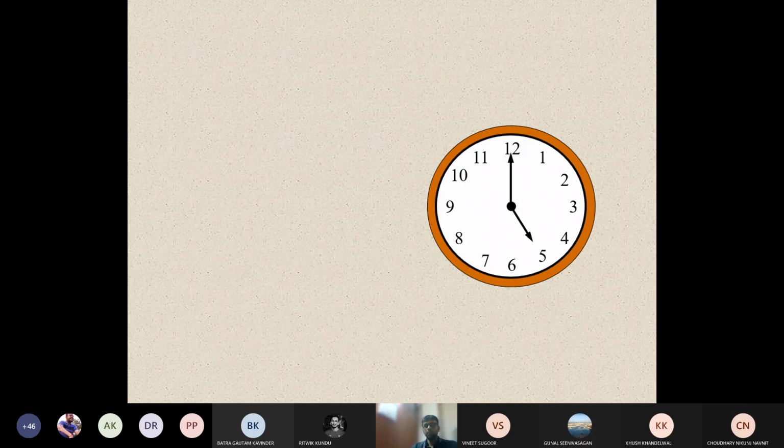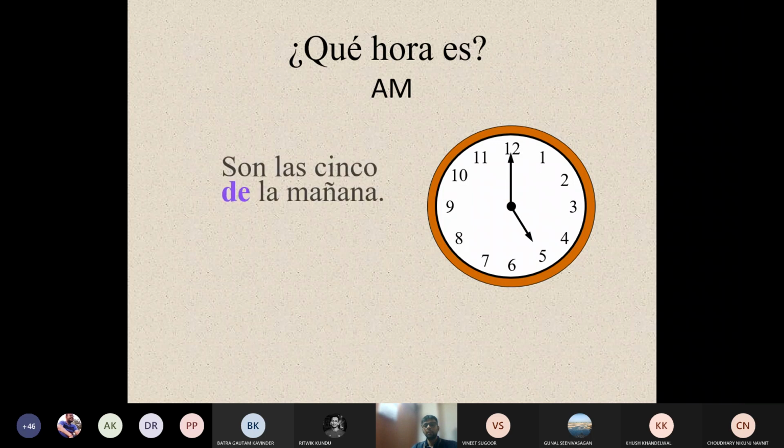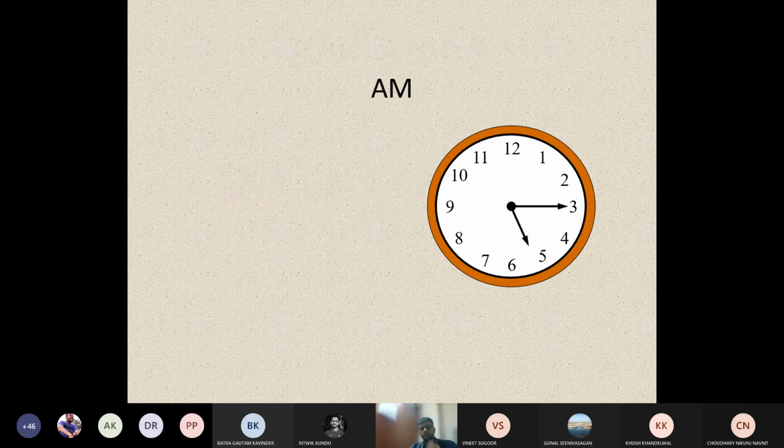At 5 a.m., things are going to change. Earlier we were using de la madrugada for AM; now in this case it is de la mañana. So: son las 5 de la mañana. In this case, it is 5:15 a.m. Not so complicated, things are changing gradually.